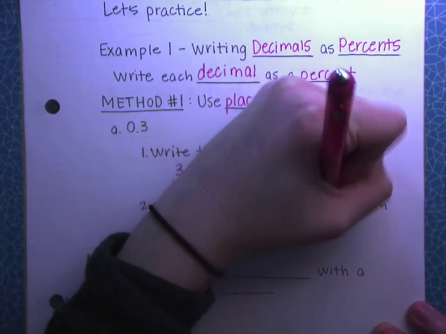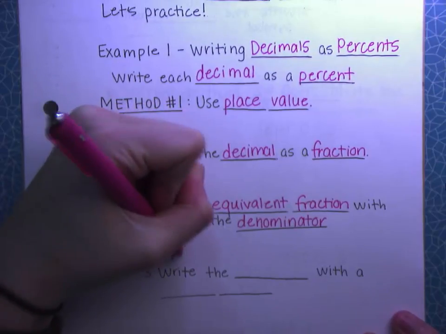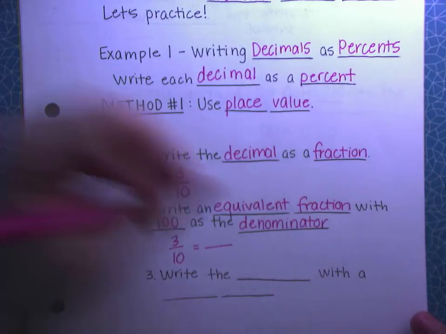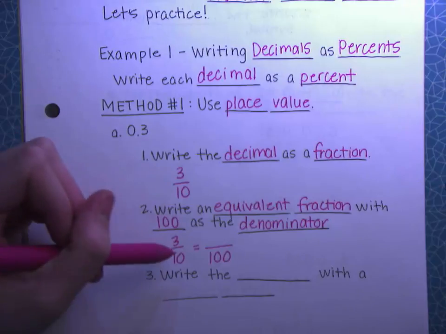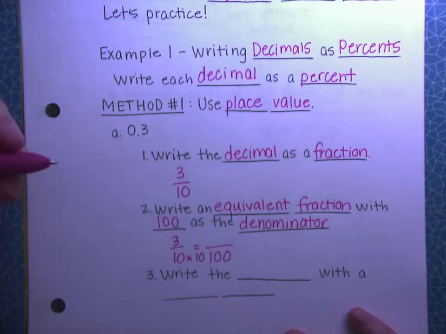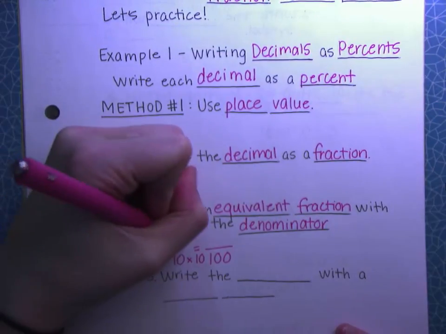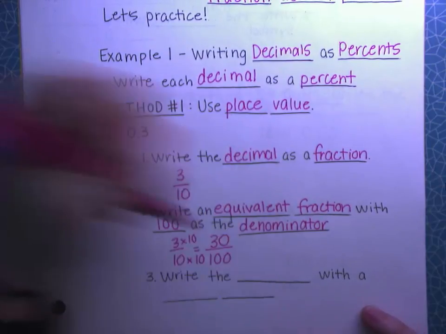And I'll show you what I mean. So we're starting with 3/10, but now we want to write an equivalent fraction that has 100 as the denominator. So what do we do to go from 10 to 100? Well, we multiply by 10, right? And we know that with fractions, whatever we do to the bottom, we have to do the top. So I'm going to multiply 3 times 10, which would give me 30.